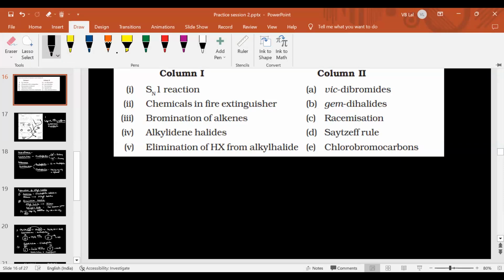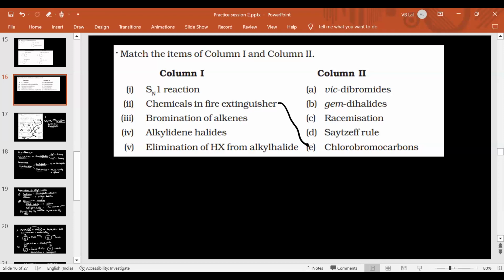So chemicals in fire extinguisher, it is fluorobromocarbons. Elimination of HX from alkyl halide, what is that? It's Saytzeff's rule. Yeah, it is Saytzeff's rule. Right. And SN1 reaction is racemization.